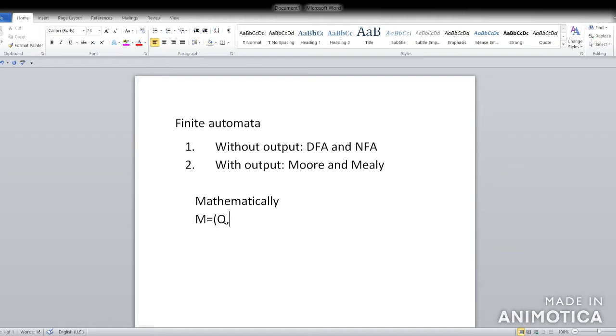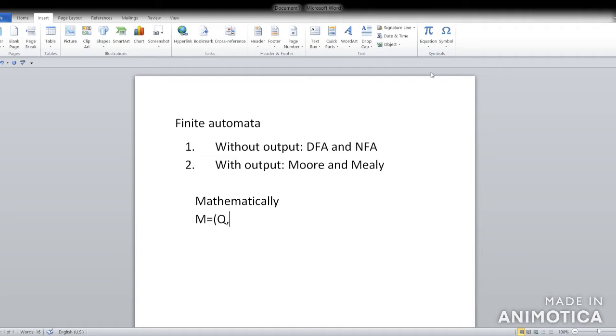Then second is sigma. Sigma is input alphabet. Next, set of output symbols O.